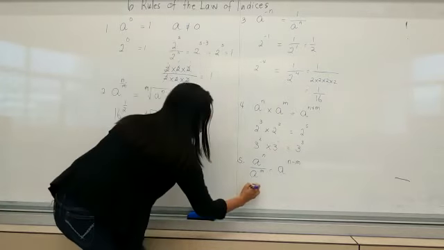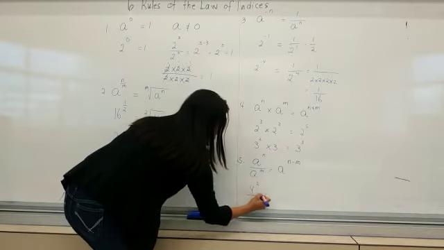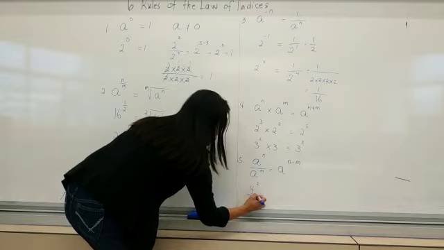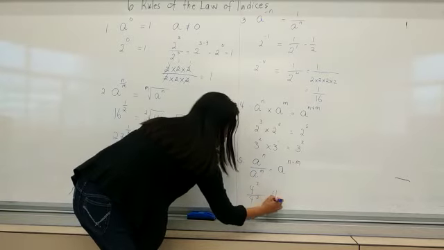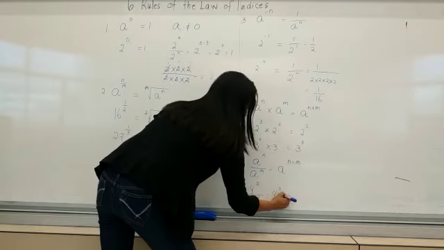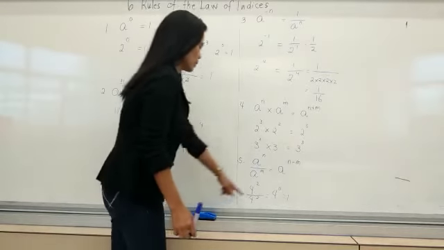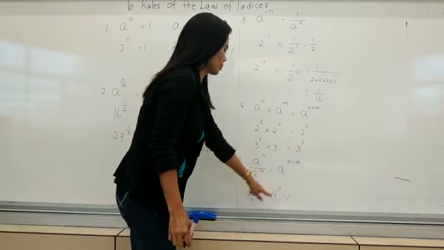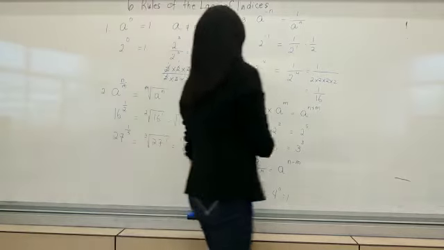Example, we have 4 to the power of 2 divided by 4 to the power of 2 again, and that gives you 4 to the power of 0, or this is 1. You can see that any number raised to a power of 0 gives you 1, and that is in rule number 1.